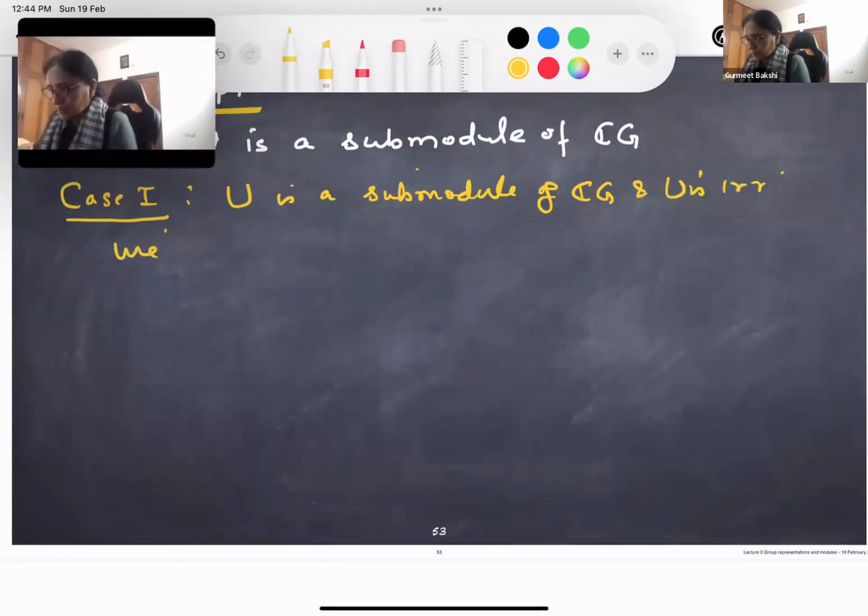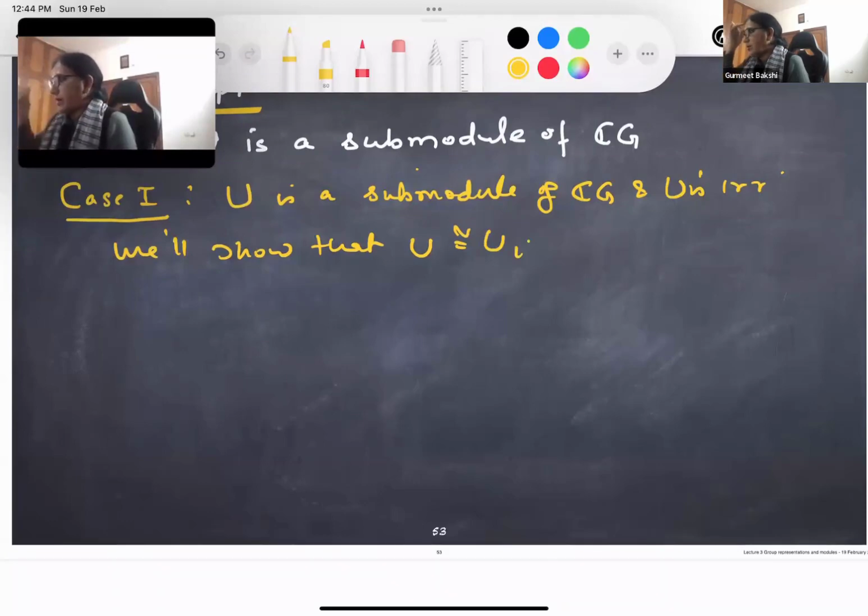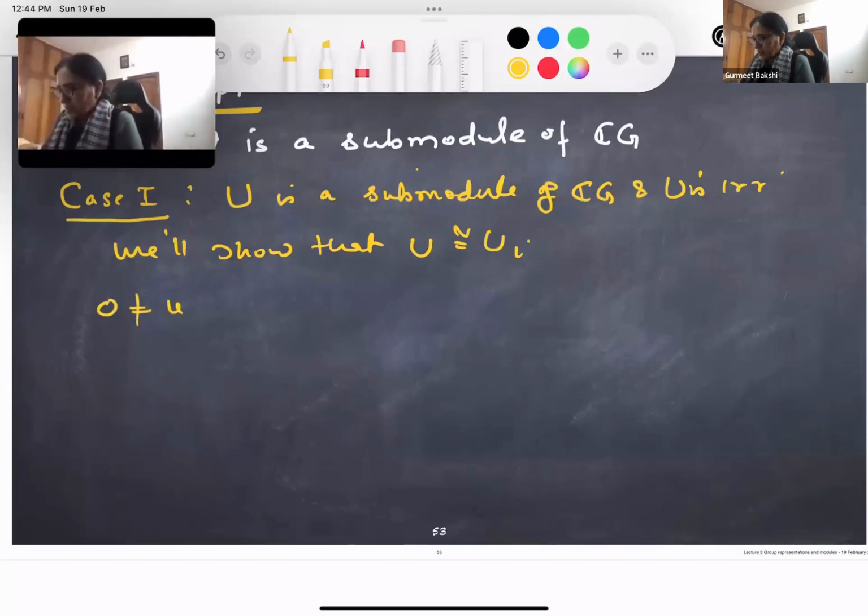We will prove that U is isomorphic to one of the UIs. All right. How do you prove that? Consider a non-zero element of U. U is irreducible, zero modules you don't regard as irreducible. Okay. So you take a non-zero element of U.